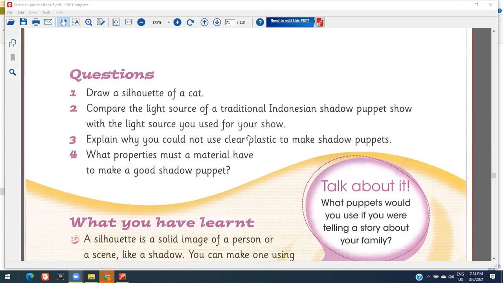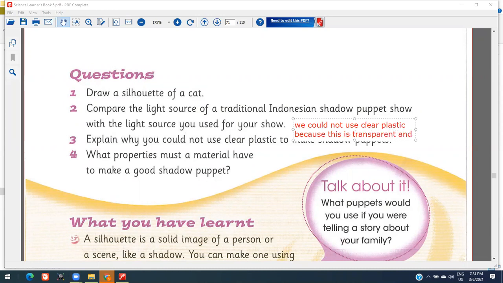So we write here: we could not use clear plastic. Why? Because it is transparent. The main reason we are not using it is that it is transparent. If it is transparent, we cannot use it.